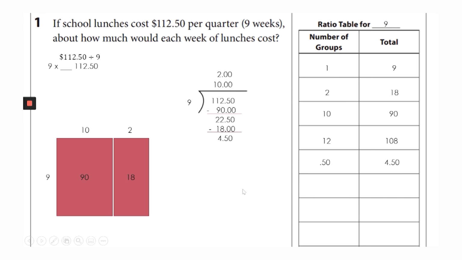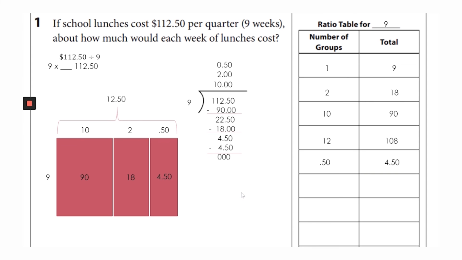And in our ratio table, we already know that 50 cents times 9 is $4.50. So keeping track over here, subtracting it out, we now have nothing left to divide up evenly. And where is our answer? There's the quotient, $12.50. Okay, 10 plus 2 plus 50.